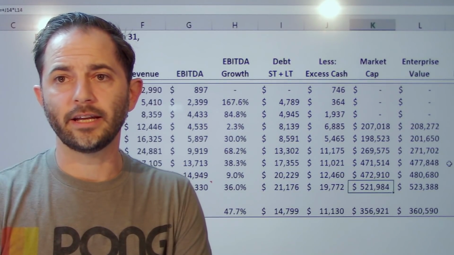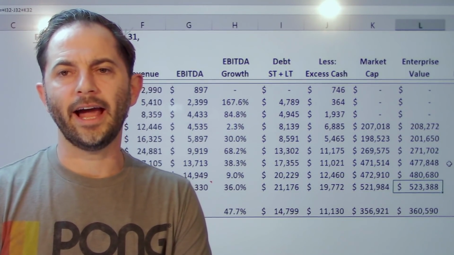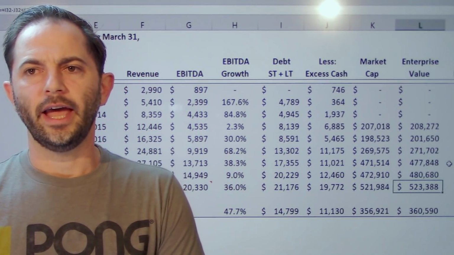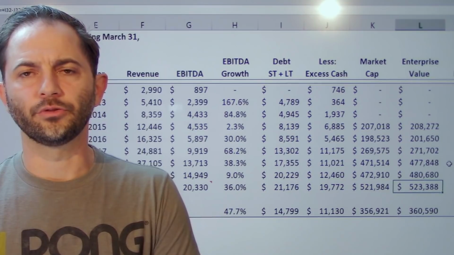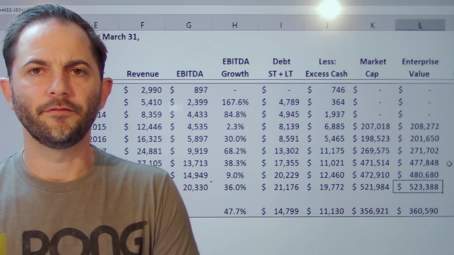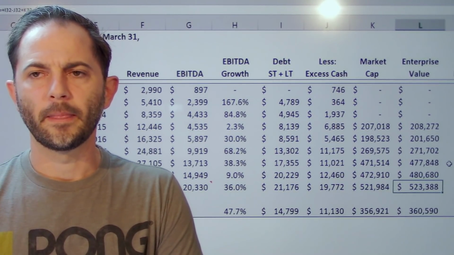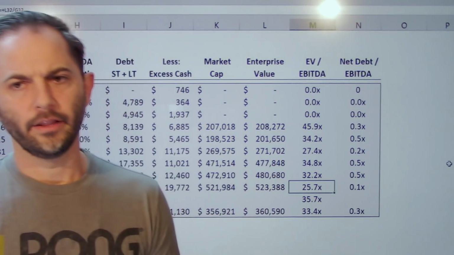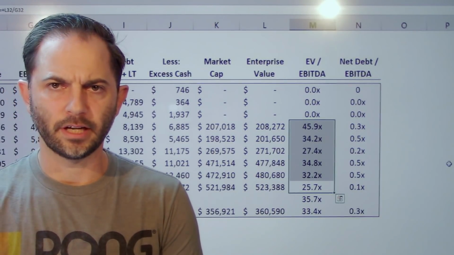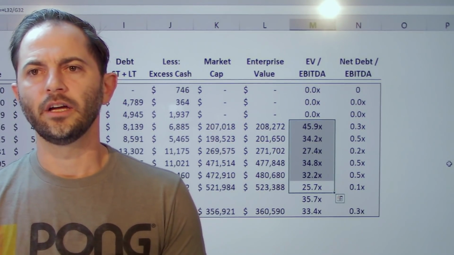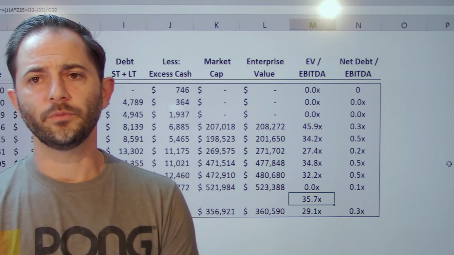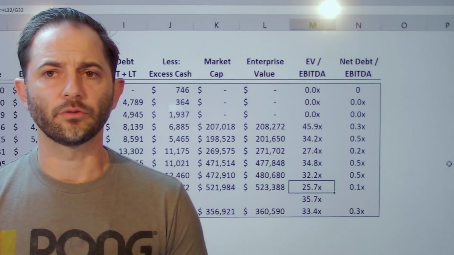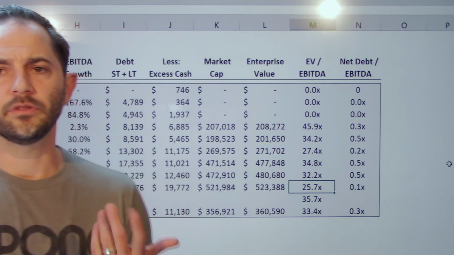Market cap is shares outstanding times price. Enterprise value: add the debt, less the cash, plus the stock, gives you enterprise value of $523 billion. Now, when I look at multiples, they have gone from 46 times enterprise value to EBITDA to 25 times. 25 times is cheap in my book for a company that's growing this fast. 35 times, it's okay.